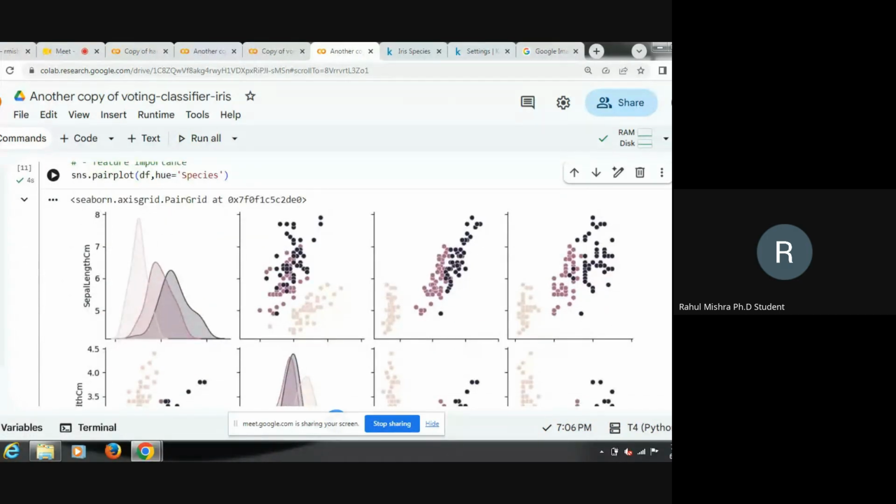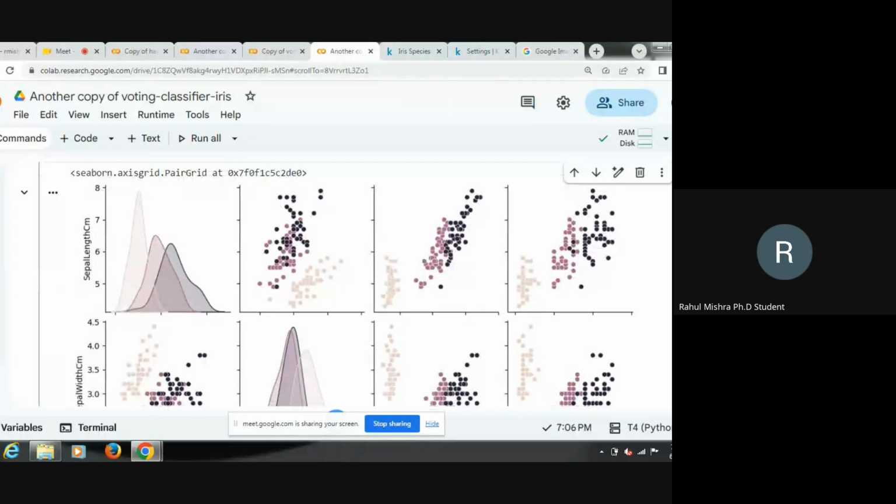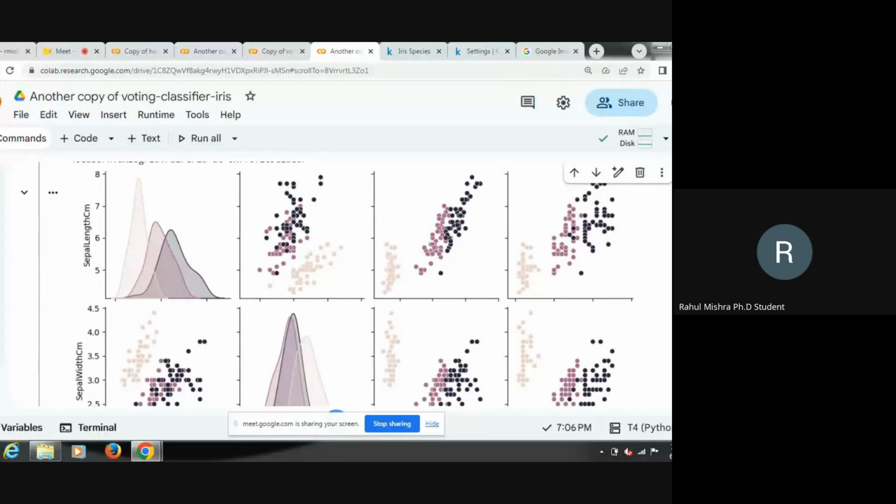You can see from here the sepal length in centimeters and sepal width in centimeters. These two overlap a lot and are correlated. It is very difficult to differentiate between these two features, sepal length and sepal width. But setosa is clearly differentiated from these two.